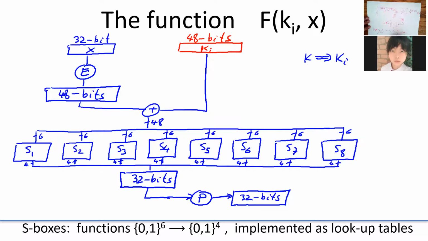So now I pile this transformation S8, and I have the result, and then I take this permutation at the end, and this whole thing is a linear function that represents the round function in DES.